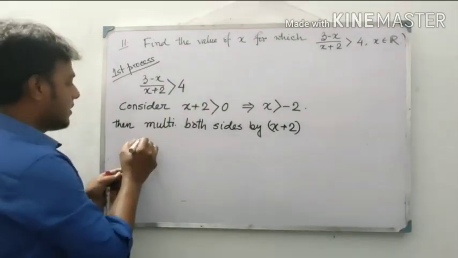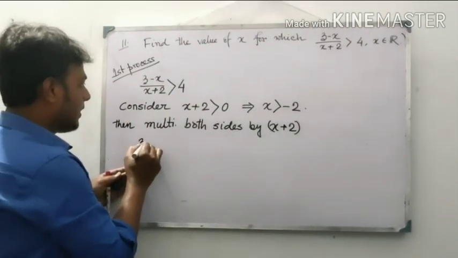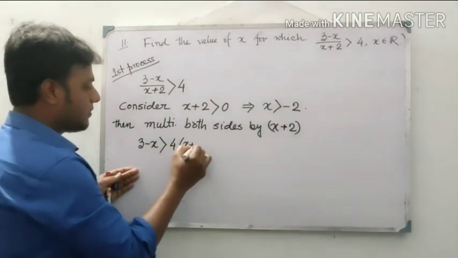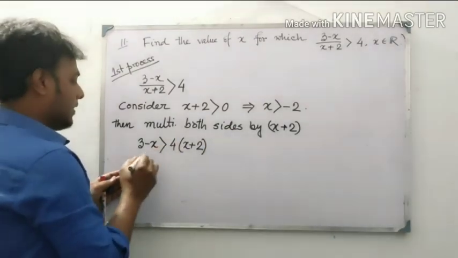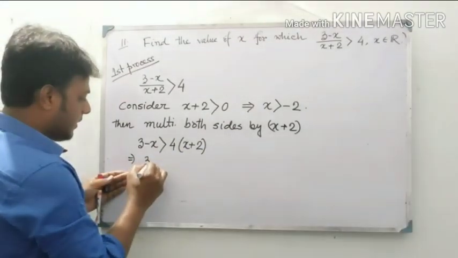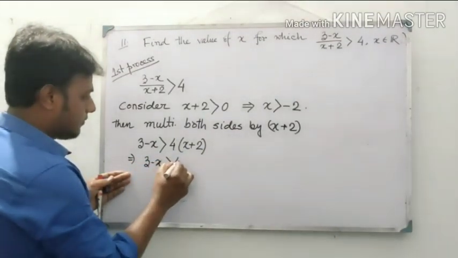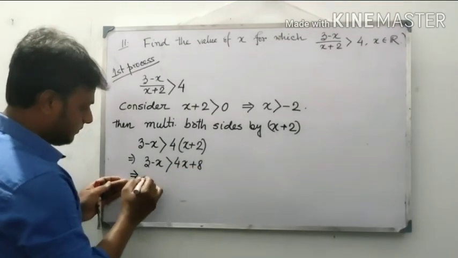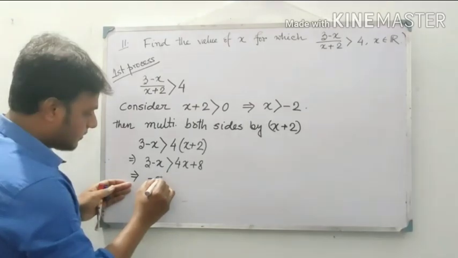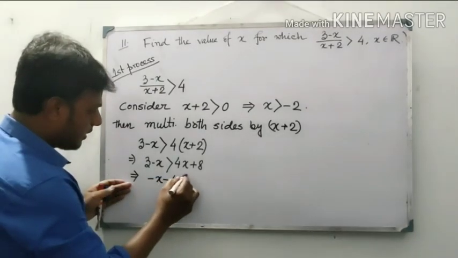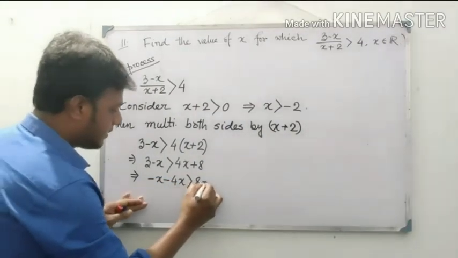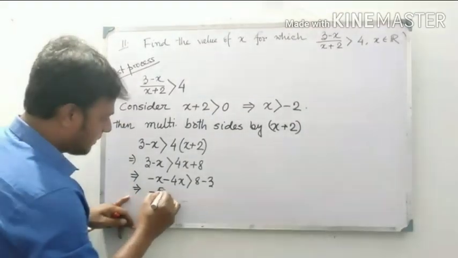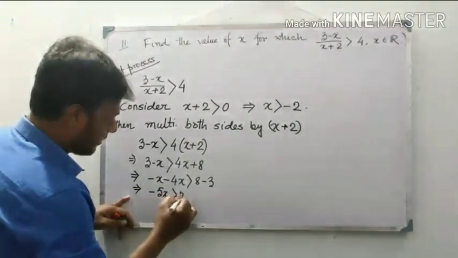So 3 minus x greater than 4 into (x plus 2). Now solve it. 3 minus x greater than 4x plus 8 implies minus x minus 4x greater than 8 minus 3, which implies minus 5x greater than 5.